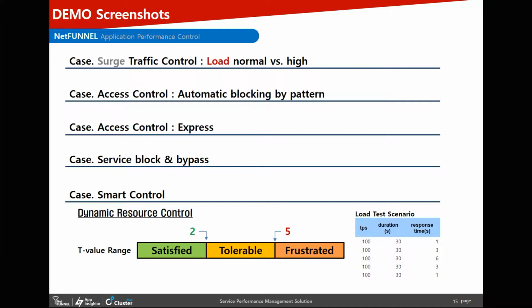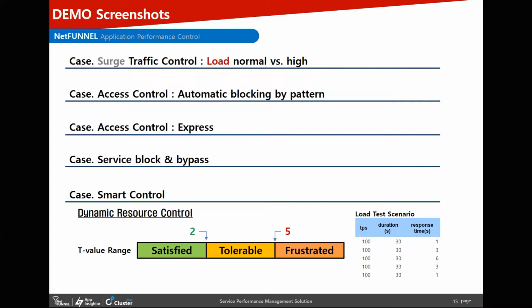The first case relates to the search traffic control when the load is normal or high. The second and third cases relate to access control. In these cases, you can experience 2 functions, automatic blocking by pattern and VIP express entry.